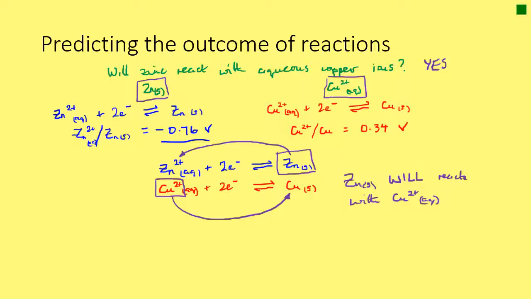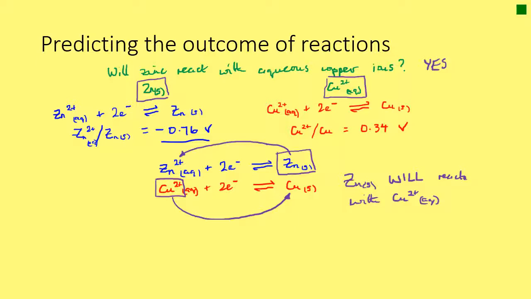This is going to be zinc solid, and aqueous copper ions are going to be Cu2+ ions in solution. Is the zinc solid going to react with the copper ions? That's the question. The first thing we have to do is write down the two half equations for the redox reaction.